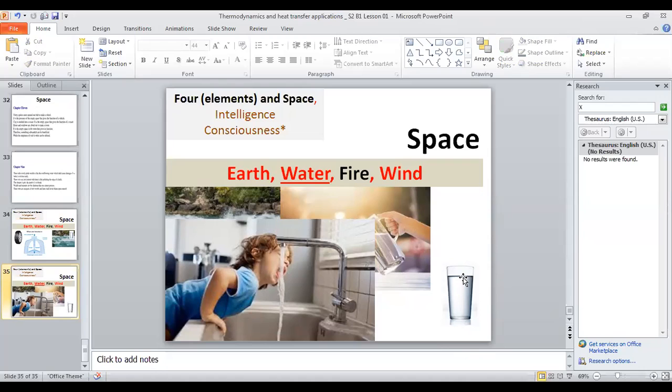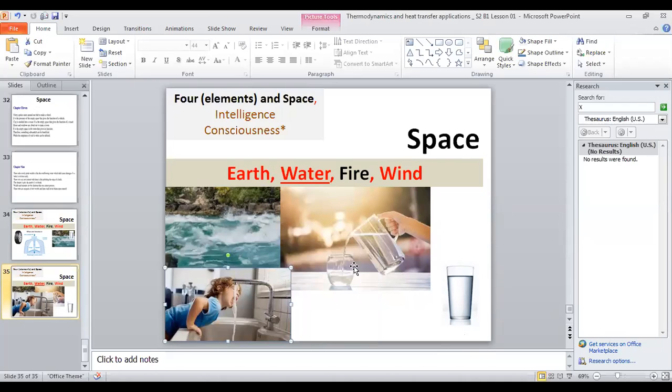So even though this has a potential to flow, how does it flow? When you tilt it, it can flow, but as long as it's like this it won't flow.